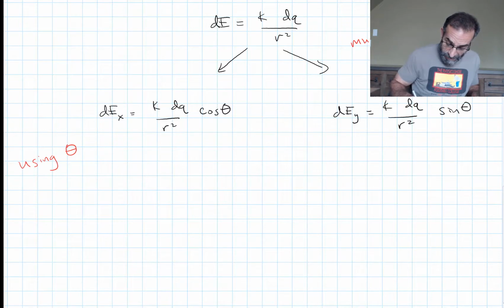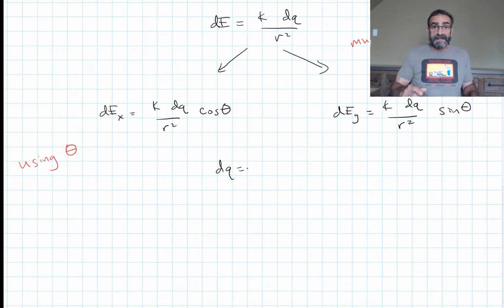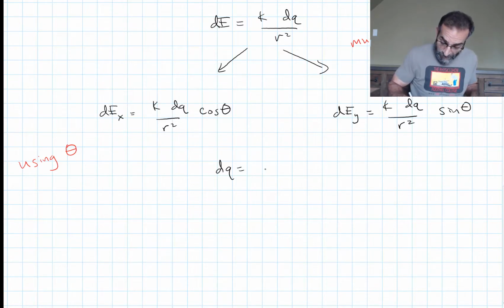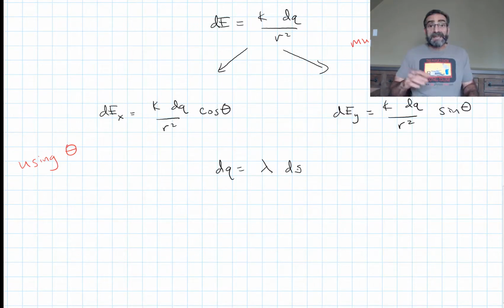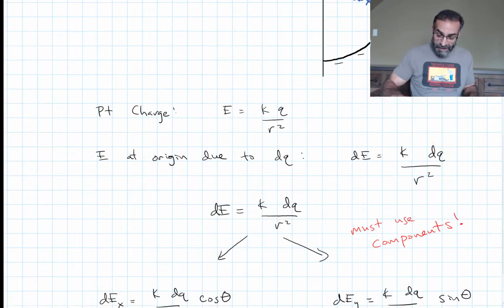In this case, dq is going to be our charge density multiplied by our length element, lambda ds.